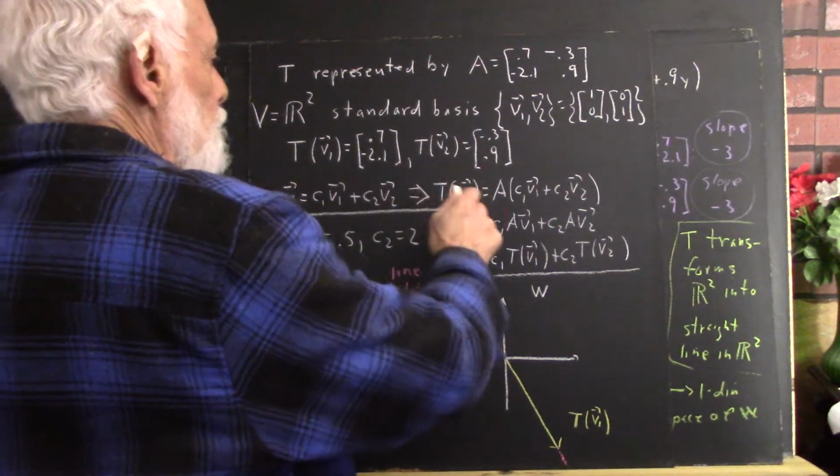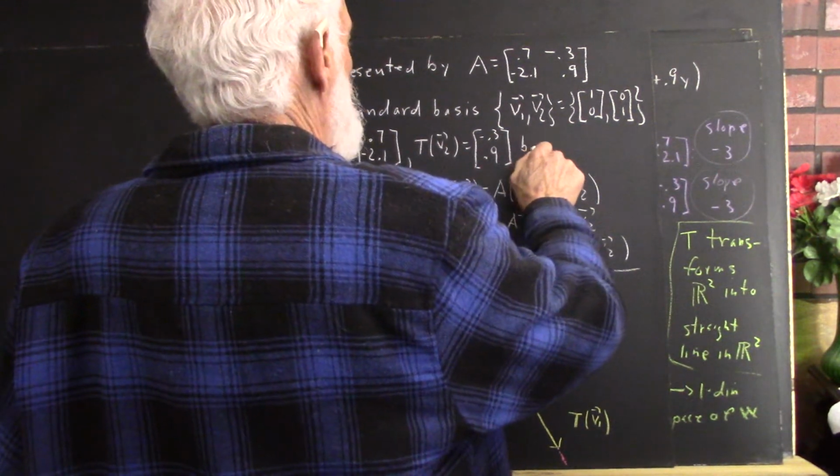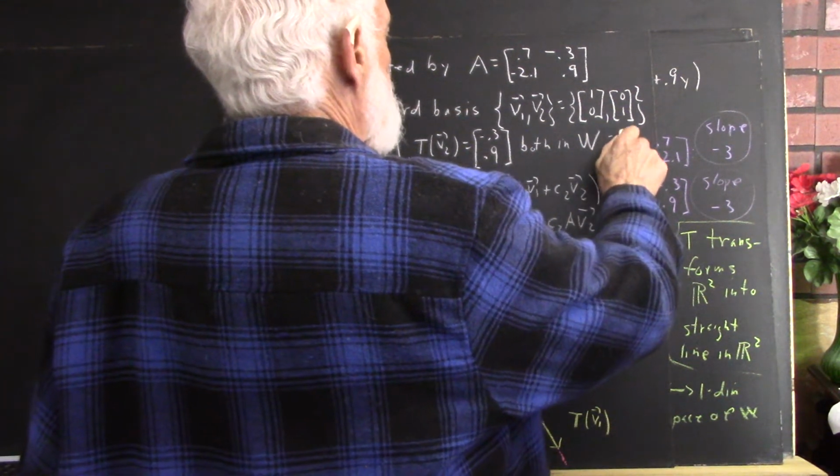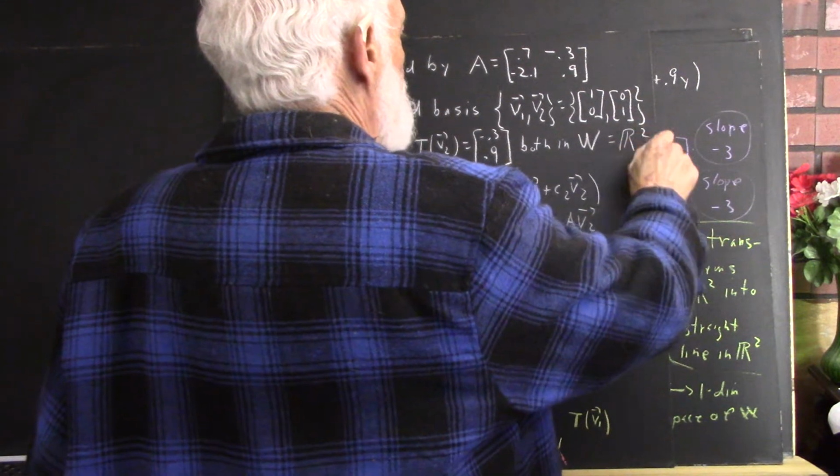This vector and this vector are both in W, which is another version of R2.